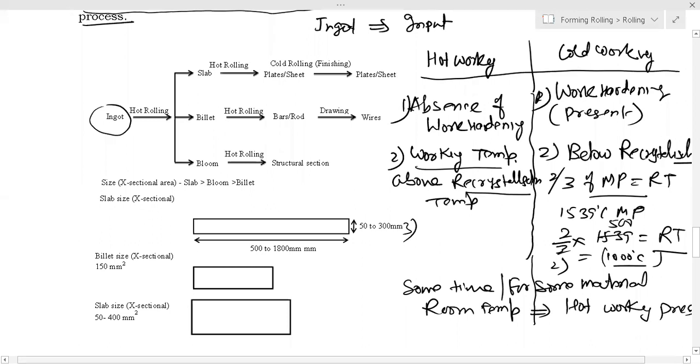Somebody asked me a doubt. What is the doubt? Why is work hardening absent in a hot working process? Because of annealing. Again, this is a heat treatment process; you have to understand that first.